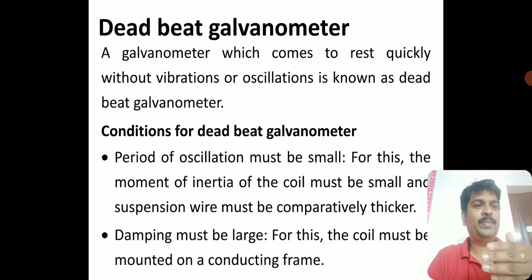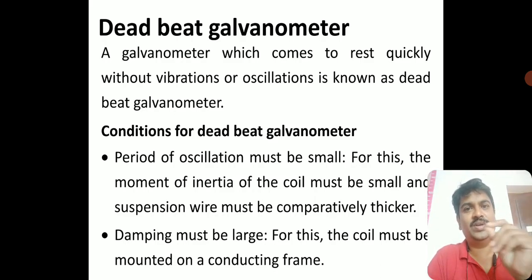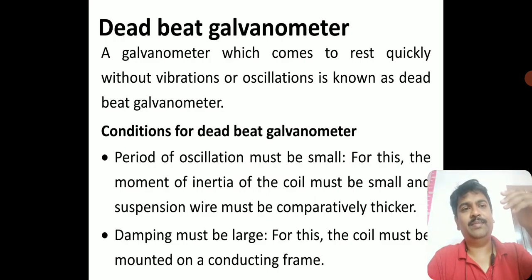The formula for the period of oscillation, which I told you in the derivation in my previous video, is T equals 2 pi root of I by C, where I is the moment of inertia. T is directly proportional to the moment of inertia of the coil. So if T has to be small, the moment of inertia has to be small.